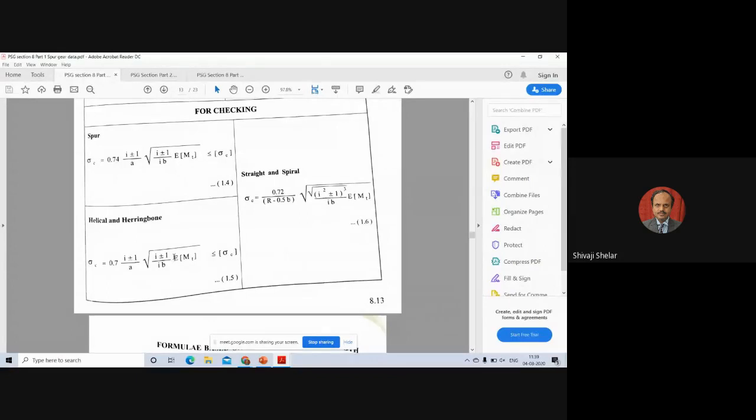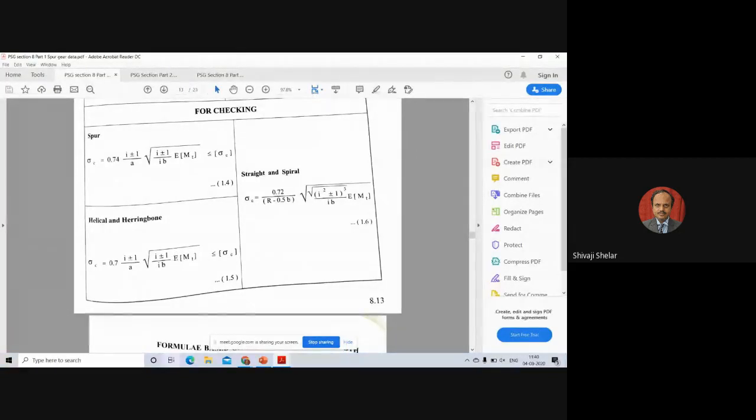Sometimes your materials may have very different values, then you have to find the equivalent Young's modulus. In our case, both are steel materials, so the E value will be the same.